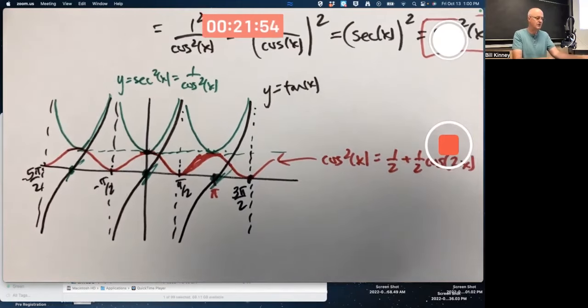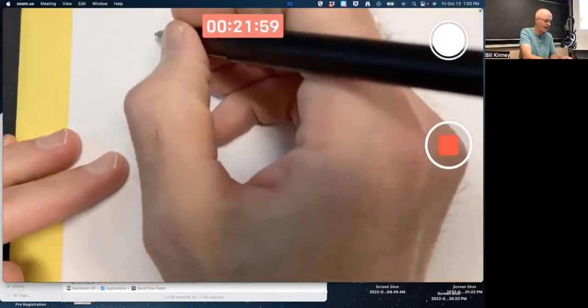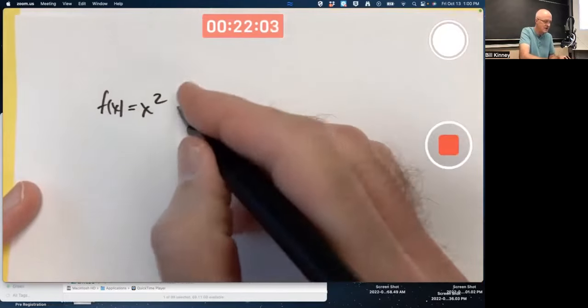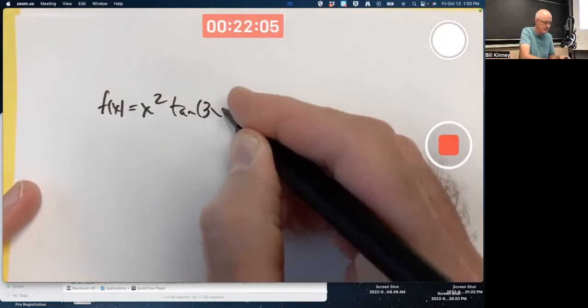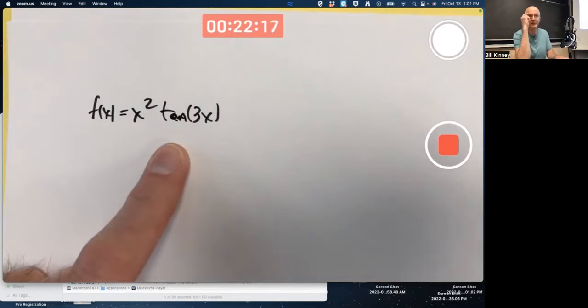Second problem was to take the derivative of x squared times tangent of 3x. If we were going to do this from scratch, we'd want to write tangent of 3x as sine of 3x divided by cosine of 3x, right?